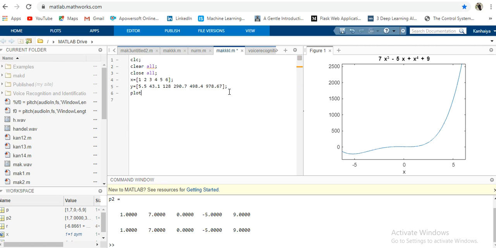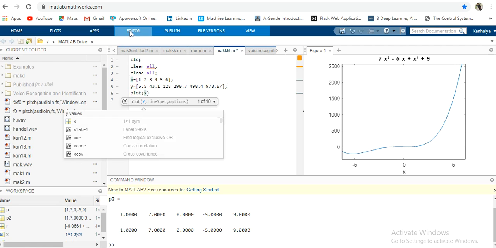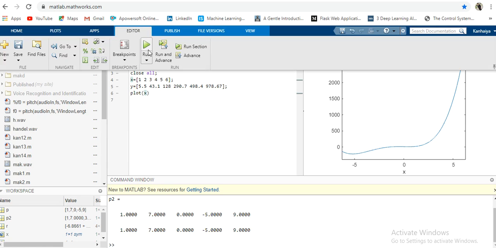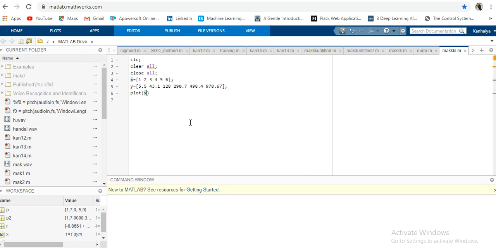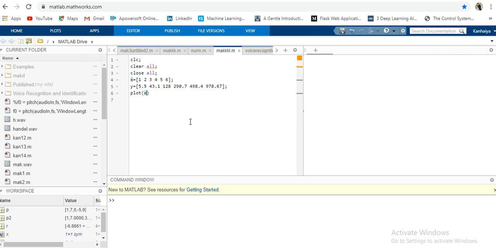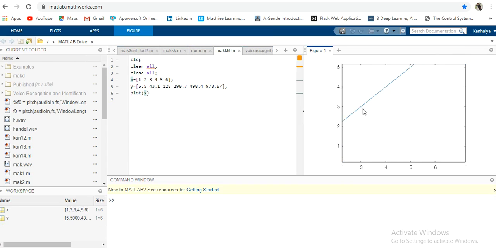We can plot it. Yeah, this is the set of values. Okay, for x it is looking linear. Okay, now we don't want to plot it here, we will plot it at the end.